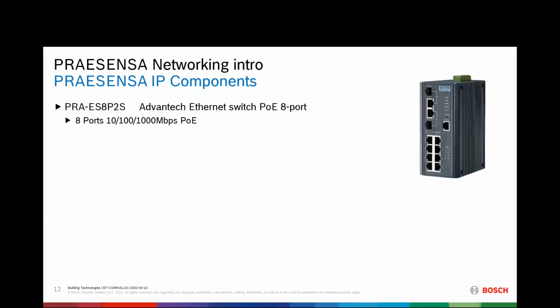Then we have an Advantech Ethernet switch, which has 8 PoE ports. If you have a lot of call stations, you can connect them to these PoE ports. The multifunction power supply also has 2 of them, but you can also use such a switch to extend your system and get the call stations powered from this switch.